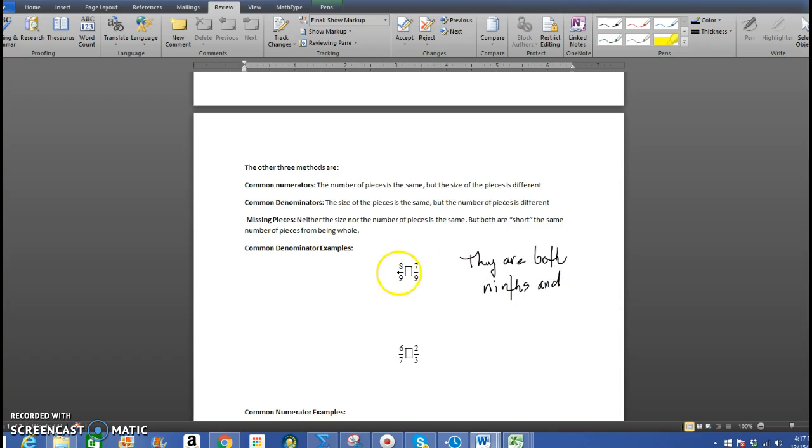And now we're comparing the number of pieces, right? So they're both the same size of pieces. Here we have 8 of the pieces. Here we have 7 of the pieces. So they're both 9ths. 8 pieces is more than 7.